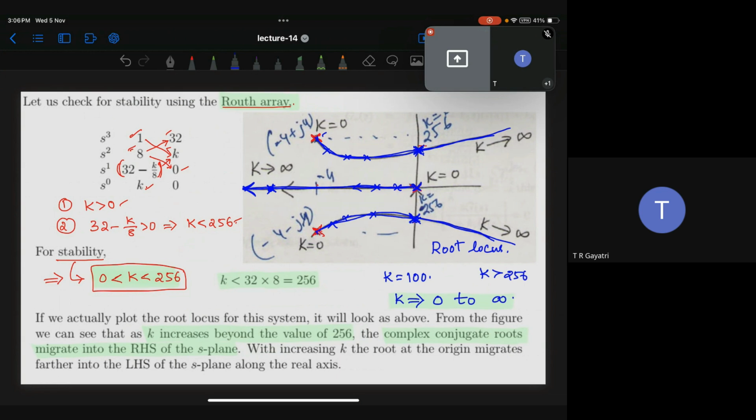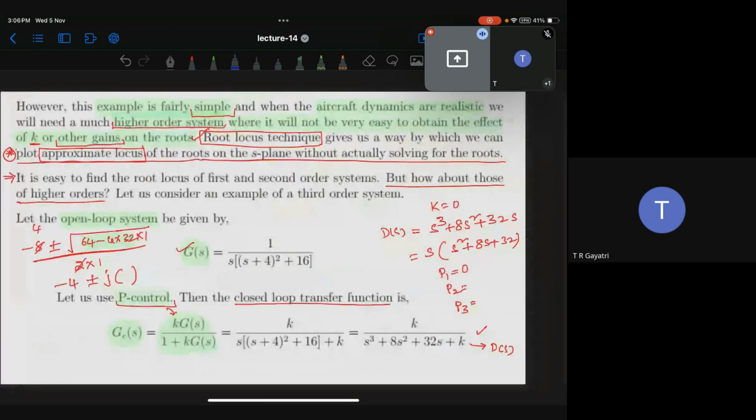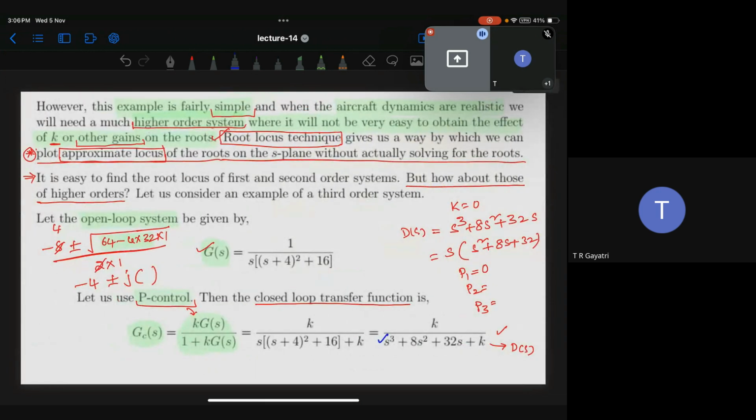Now here the system is a very simple one, a third order system. But when you have a system of very high order, let's say 10th order, it will be very tough to find the pole locations because we cannot apply this formula.